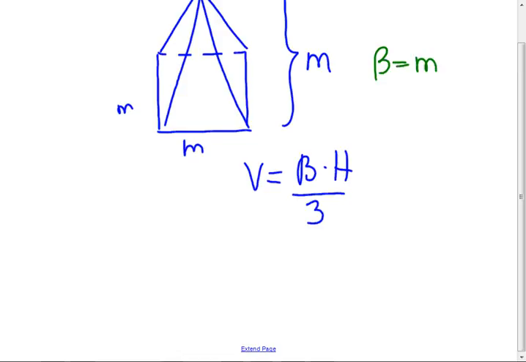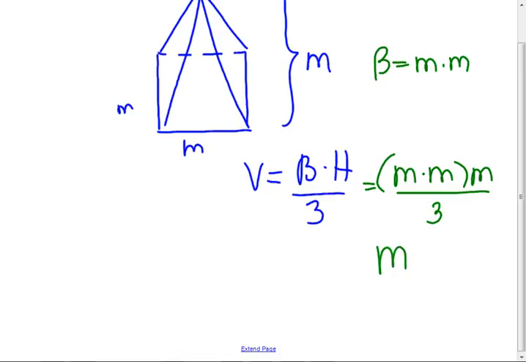It's m times m, and the height is also m, over 3. So it's m to the what? How many m's do you see? Oh, 3. m to the 3rd over 3. Or you can say 1/3 of m cubed. It's the same thing: m squared times m divided by 3.